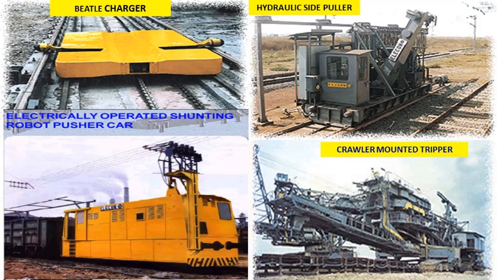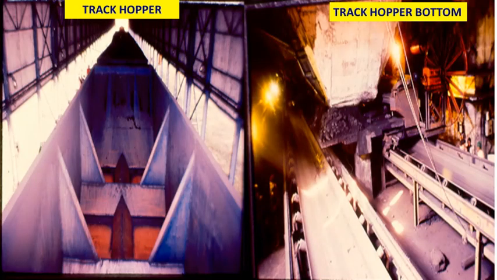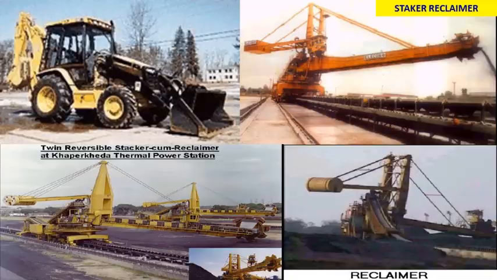We have side pullers, a tracker arrangement with tripping cars as well as crawler mounted trippers. All these actually help in stacking, and this stacking arrangement is done through a conveyor system.